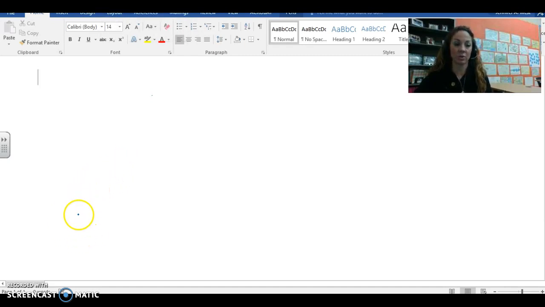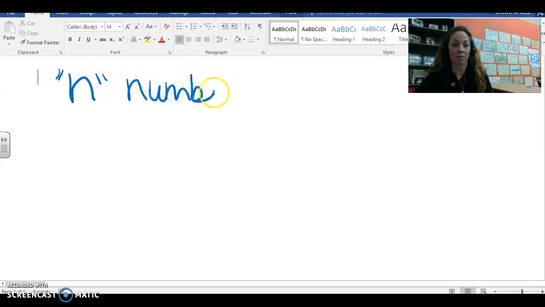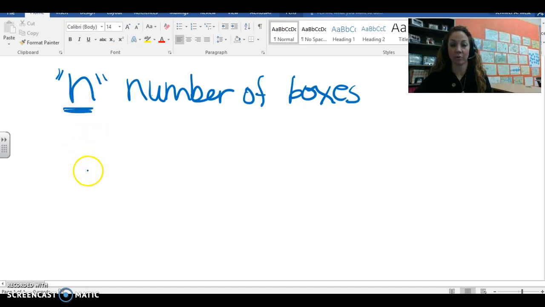So for this particular bunch of boxes that we're shipping everywhere, we are going to use the letter N. And N is just going to represent number of boxes, okay? And we're going to assign this n to the changing quantity in our algebraic expressions.